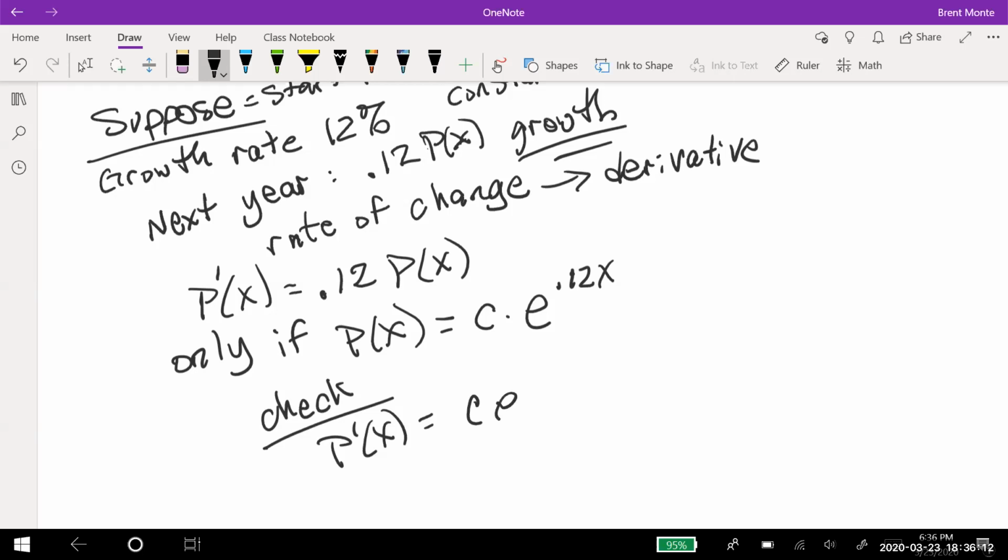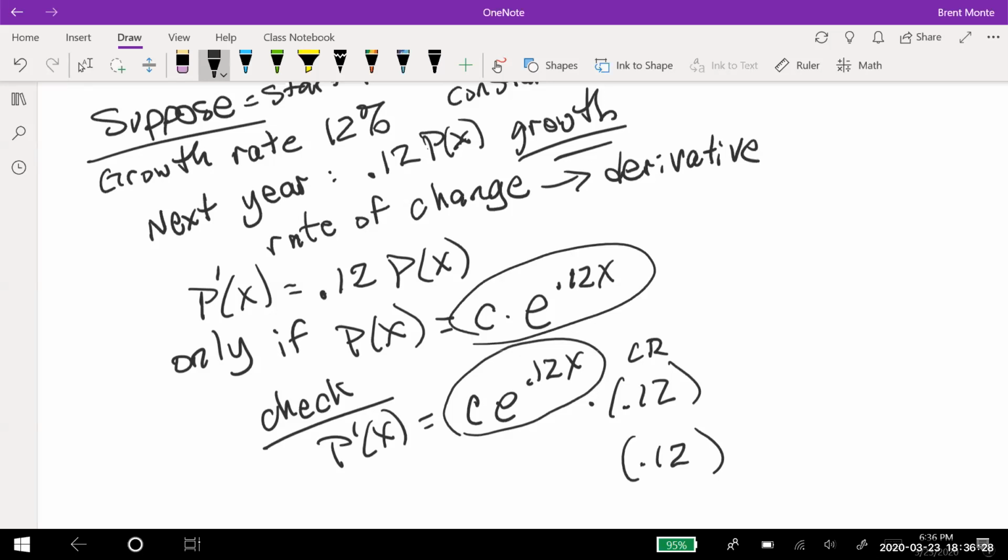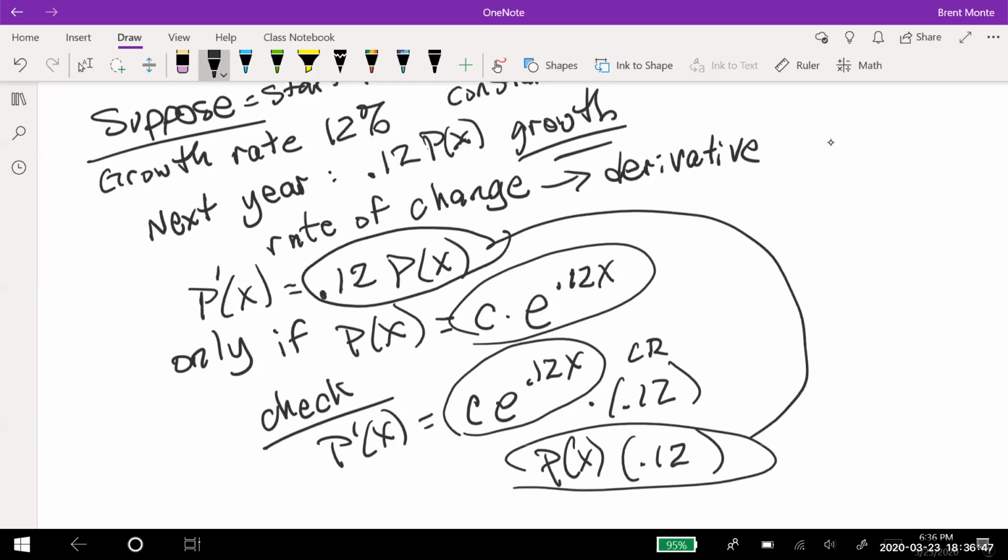I get back all of this c e to the 0.12x, but then the chain rule says times 0.12. Well, this 0.12 is times all of this, but that was my original function. So it's 0.12 times P of X. Well, what is this? It's exactly what I have right here, and that's what we said the derivative was.